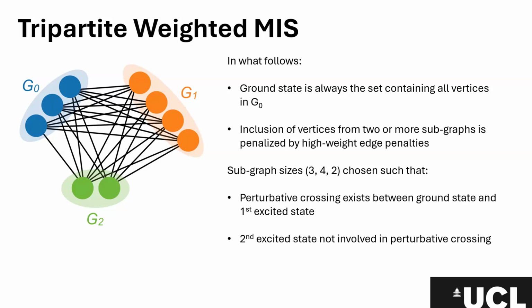And by choosing these subgraph sizes of 3, 4, 2, so 3 in the ground state, 4 in the first excited state, and 2 in the second excited state, what we achieve is that we have a perturbative crossing between the ground state and the first excited state. And the second excited state we use just as a kind of control because it's not involved in this perturbative crossing.